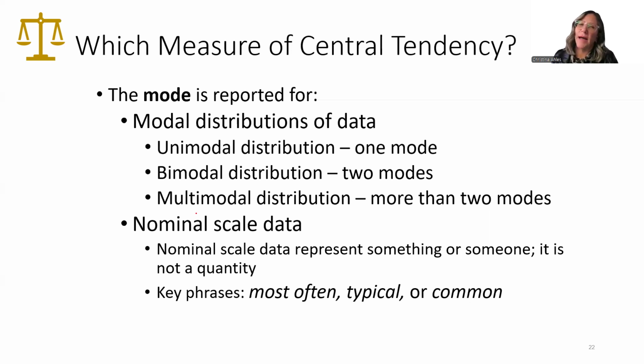Or if we have a symmetrical distribution that's bimodal, we would report the mean, but then we would also report the modes. And any other time you have discrete data, you're going to report the mode over the other measures of central tendency. So there is a time and a place for reporting measures of central tendency.